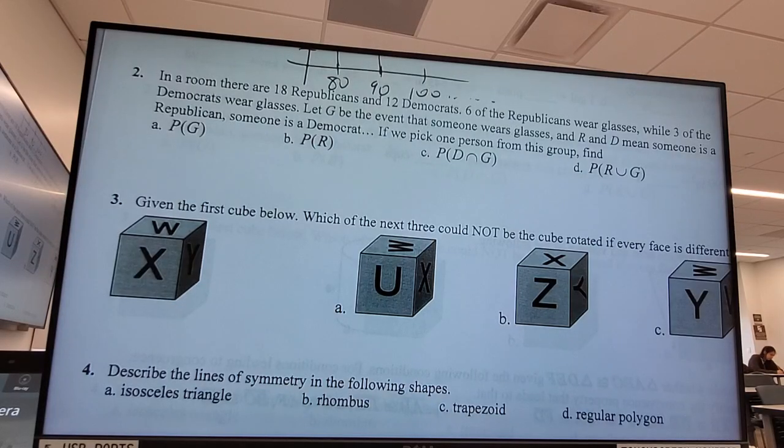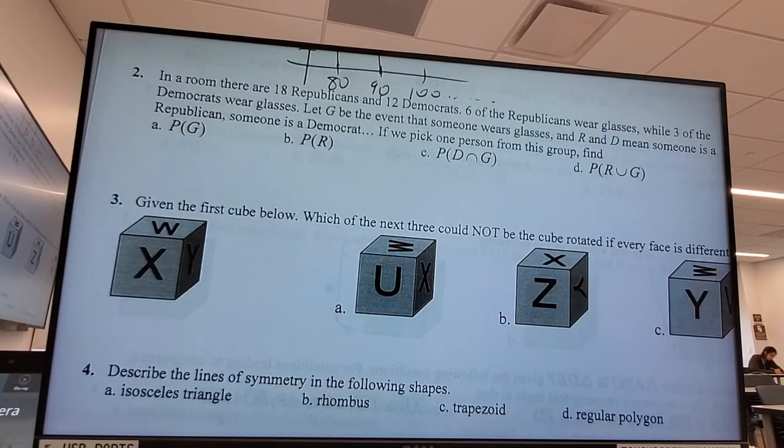PG. Is that a movie where there's not too much cussing? What is that? The probability that somebody is green. No, the probability that somebody wears glasses, because they define G to be wears glasses, right?